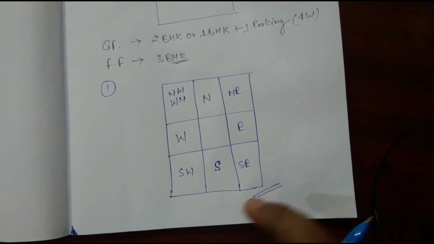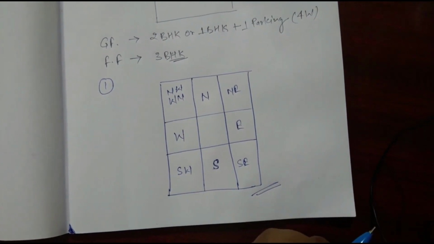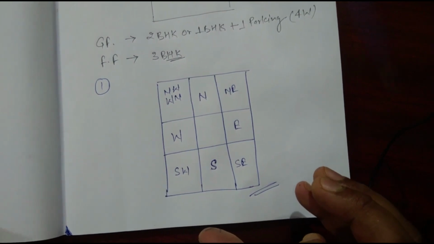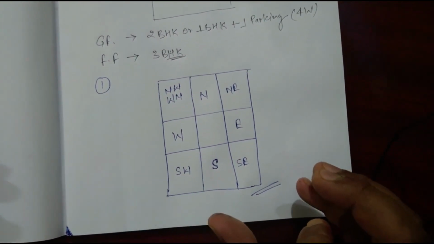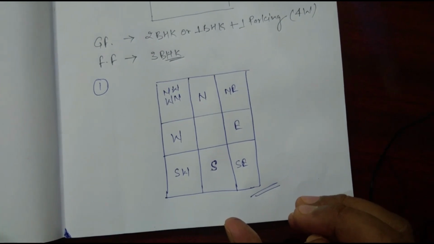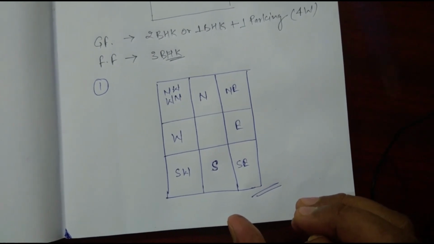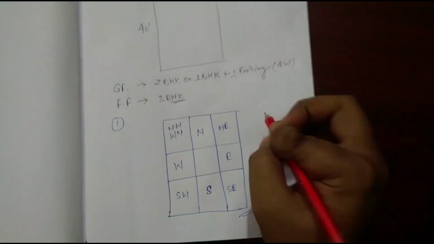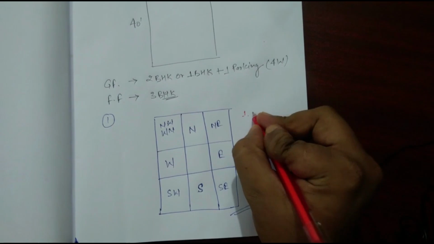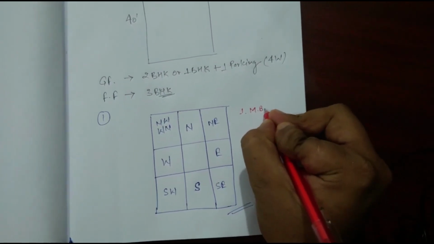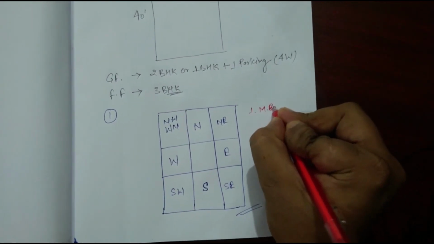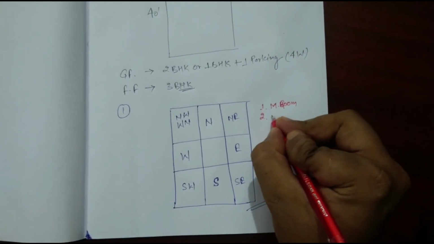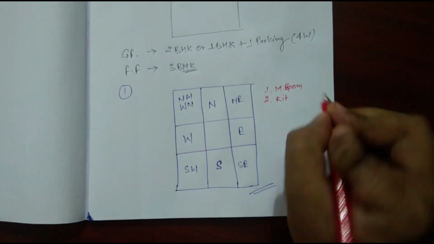In this step we have divided the space of our building into parts so that we can place all the building components, like master bedroom, kitchen and toilet, according to specified directions. Let us first look at what building components we need. First is the master bedroom, which is compulsory because the ground floor requirement is 2 BHK. Number 2 is our kitchen.